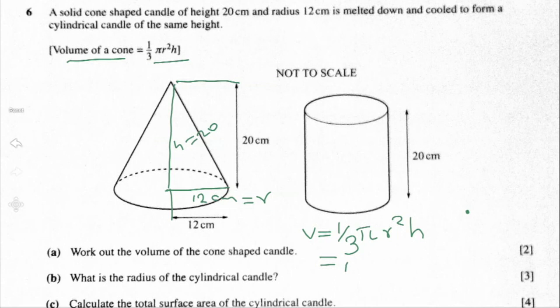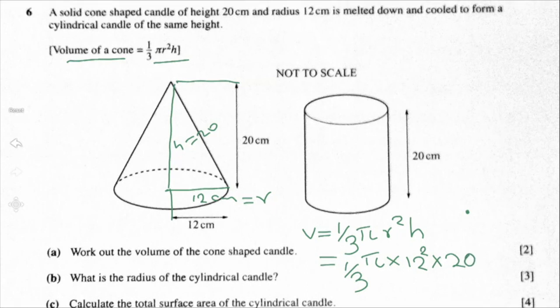So we can substitute into that formula. It's 1 over 3 pi times 12 squared, which is the radius squared, times 20, which is your height.